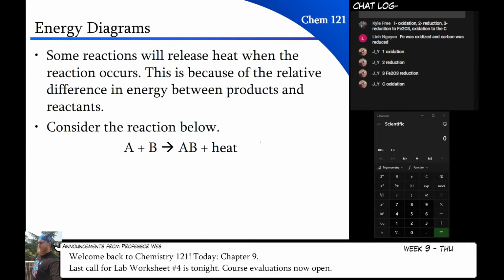We're going to draw a coordinate system where on the y-axis I have energy, and on the x-axis I have reaction, and I'm going to put progress in quotes. Basically, we're going to have before the reaction on the left, during the reaction in the middle, and after the reaction on the right.